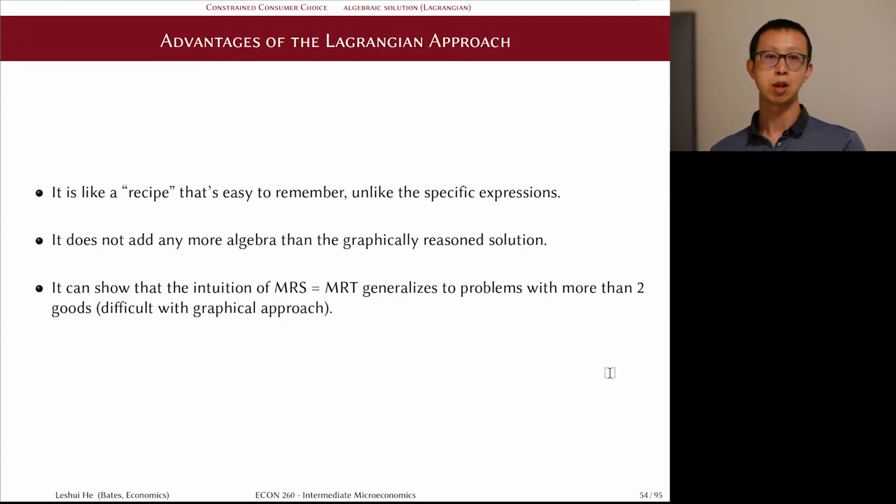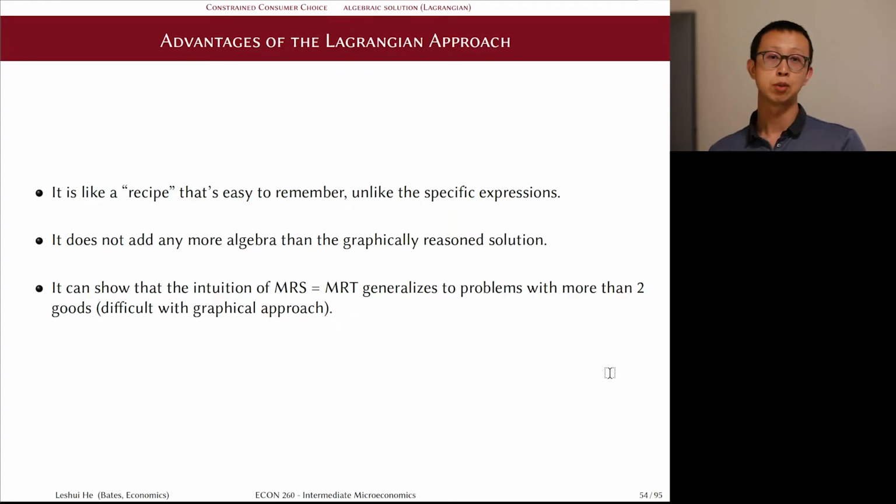And then the Lagrangian just follows from it. You can then just do the recipe with first-order conditions and solve, and voila! We have the solution. On the contrary, if you choose to go directly for the tangent condition, you will have to rely on memorization of marginal rate of substitution, marginal rate of transformation, and the order of the goods, which are all very easy to get wrong.